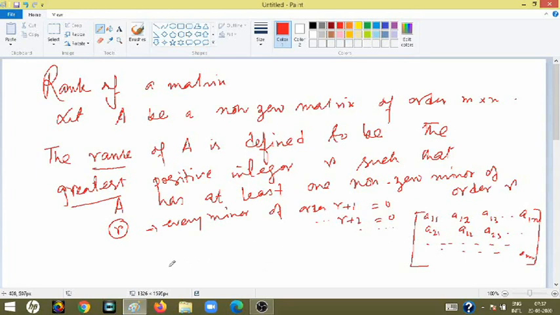First, the minor of order 2 is A11, A12, A21, A22. This is called a minor of order 2. There are so many minors of order 2, order 3 and so on.